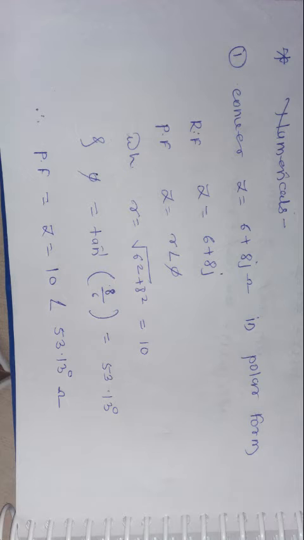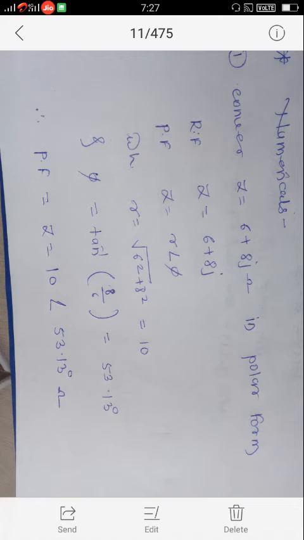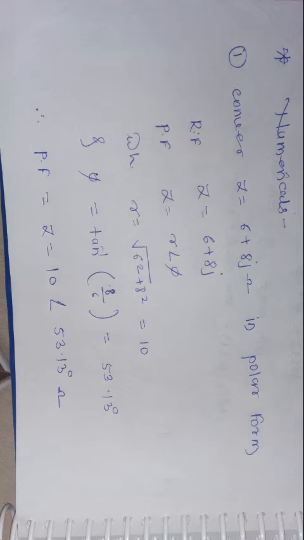Now the value of R is calculated as square root of x square plus y square, that is R is equal to under root of 6 square plus 8 square, that is equal to 10, and phi is calculated as tan inverse of y by x, that is tan inverse of 8 by 6, and that is equal to 53.13 degree.